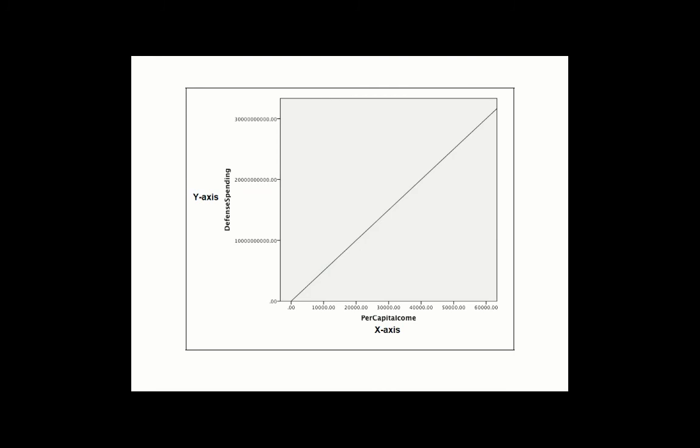Defense spending is the dependent variable, so it's on the y-axis. And per capita income is the independent variable, so it's on the x-axis. And as per capita income increases, defense spending should increase, resulting in this line with a positive slope.